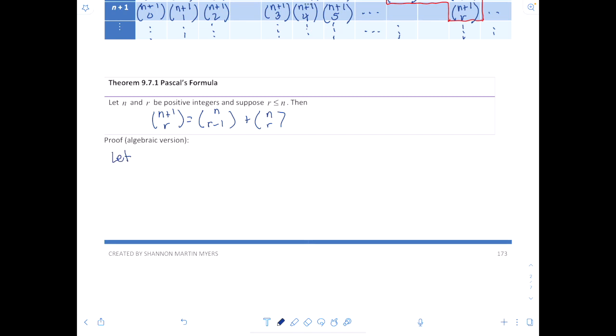Let n and r belong to the set of positive integers, and r is less than or equal to n. So looking at the expression that we have, n choose r minus 1 plus n choose r, let's check out what that is equal to.